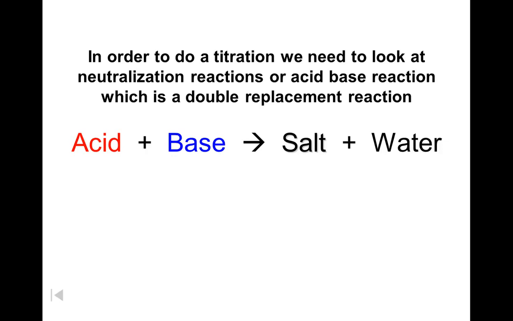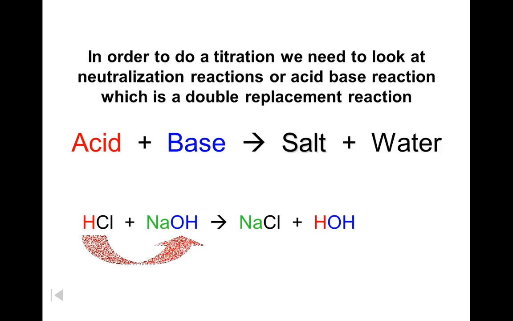An example would be HCl, which is our acid, and sodium hydroxide, which is our base. You'll see in a double replacement reaction, we make sodium chloride, which is our salt, and hydrogen hydroxide, which we also call water. You see how the cations switch places? That's what we get there, a salt and water.